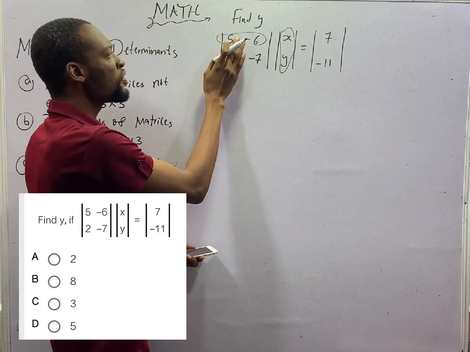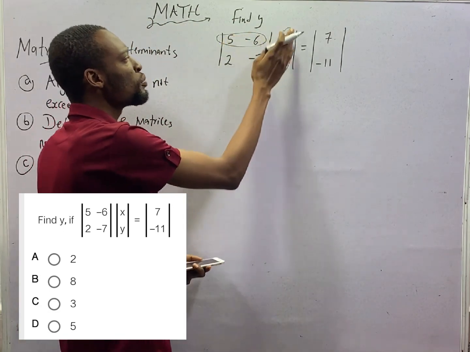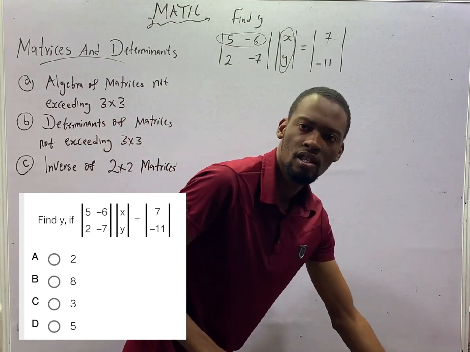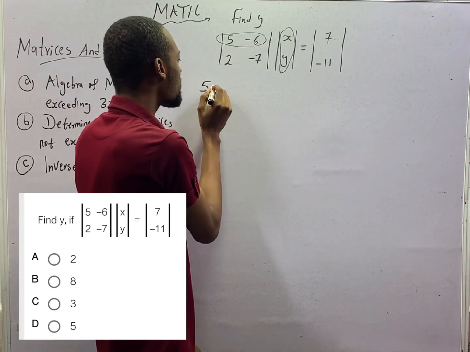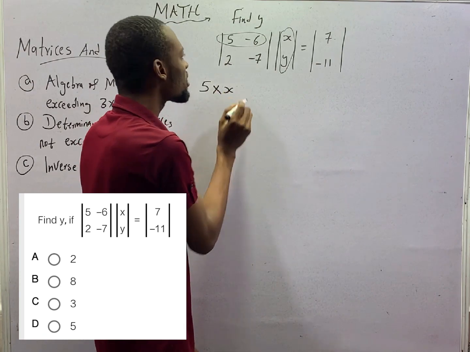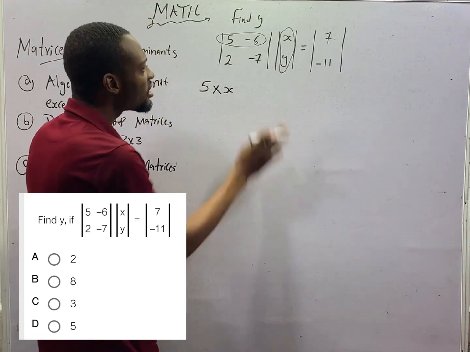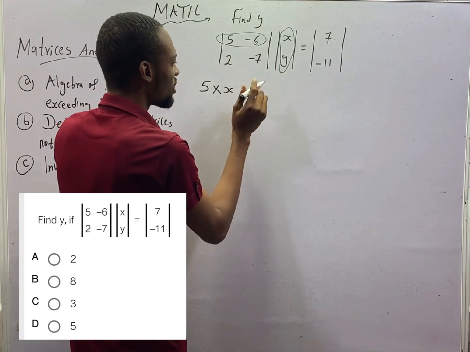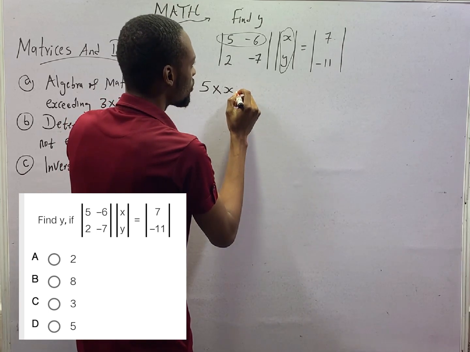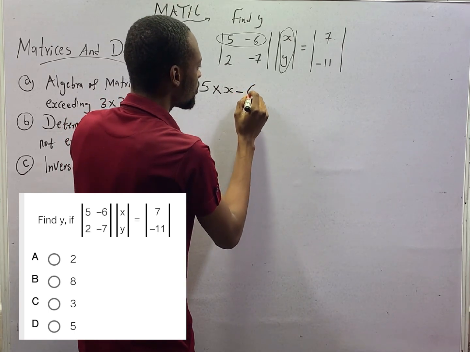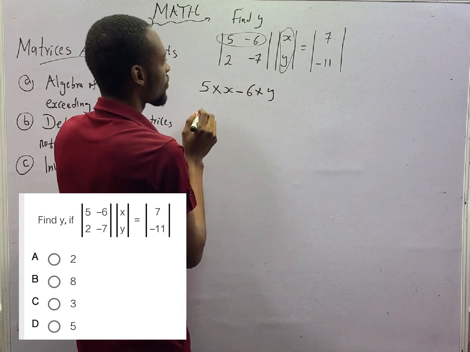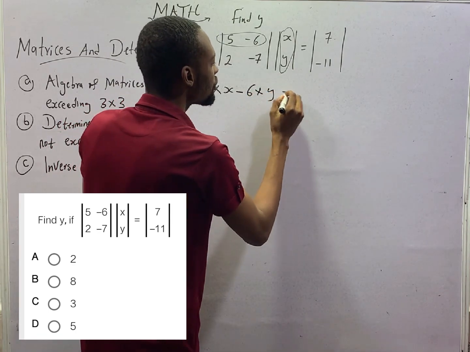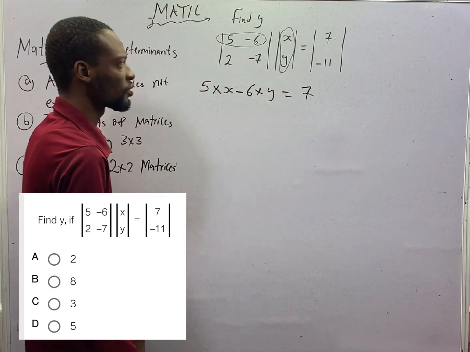You use each of the values here to multiply each of the ones here. Look at this. You pick out 5. You say 5 times S. Then you say minus 6 times Y. This is equal to 7.